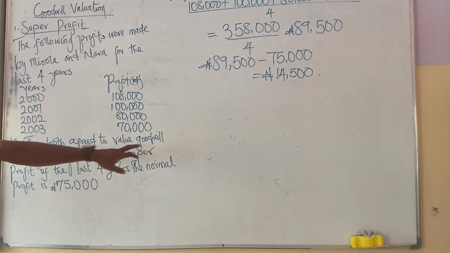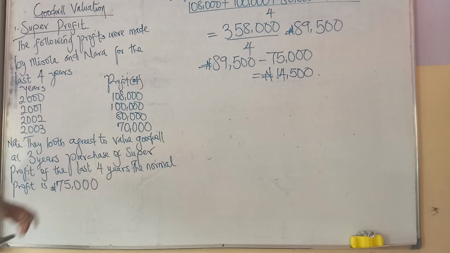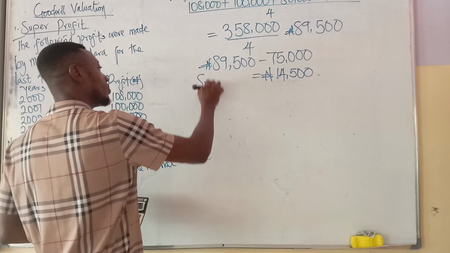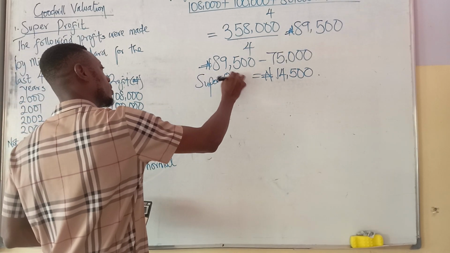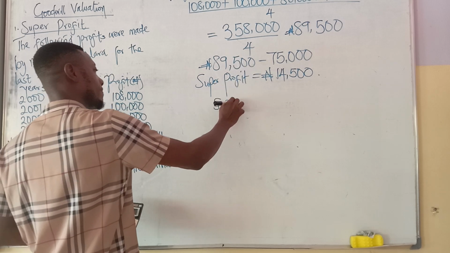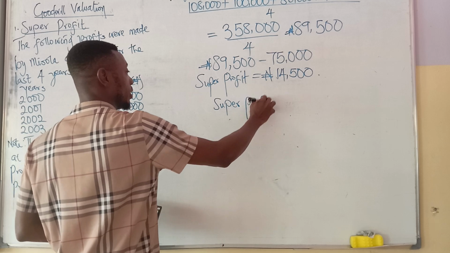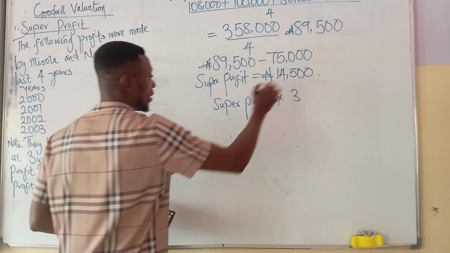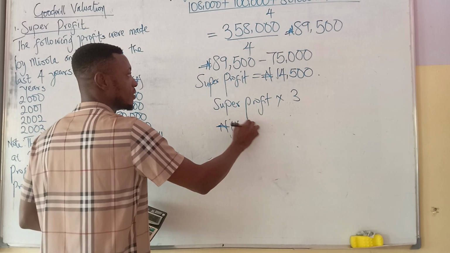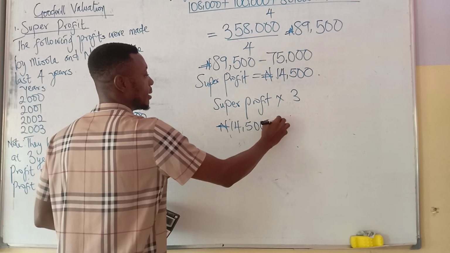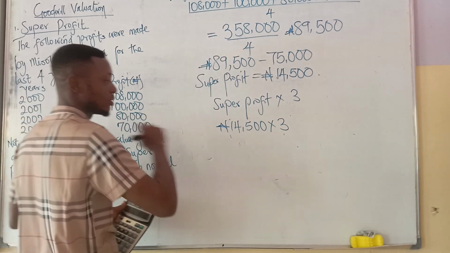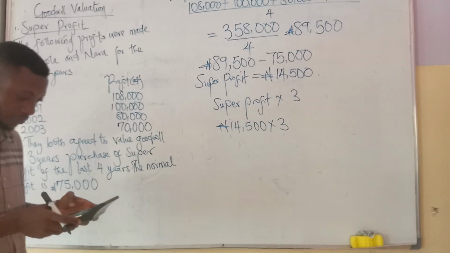Now, the next thing we are going to do is to calculate the goodwill. It said they both agreed to value goodwill at 3 years. So our super profit, multiplied by 3: 14,500 multiplied by 3. Remember, we've subtracted our normal profit, which is 75,000.